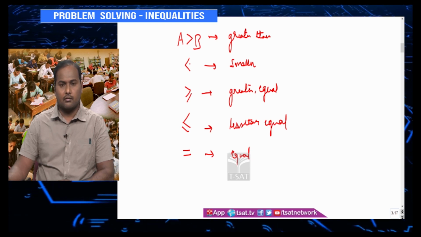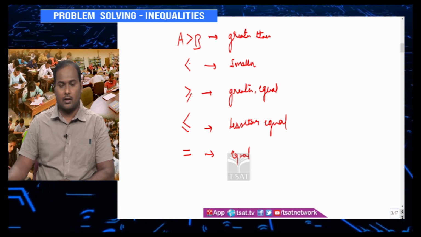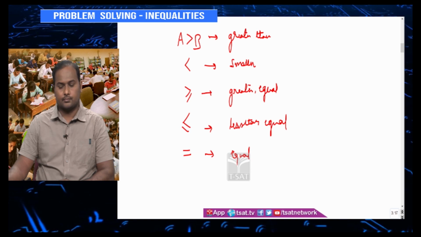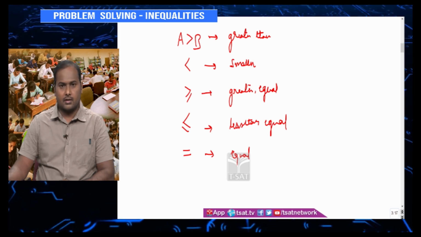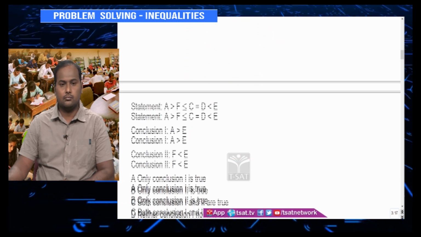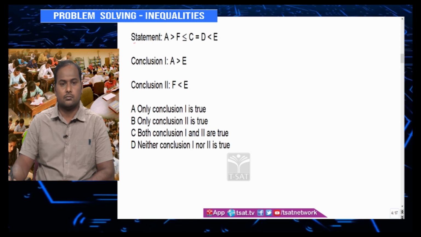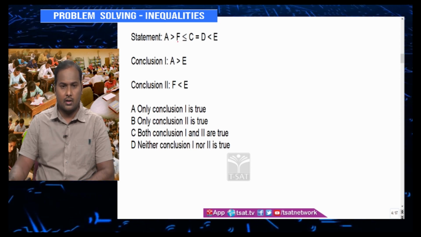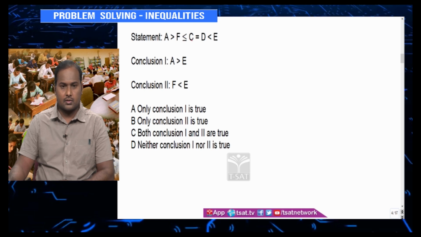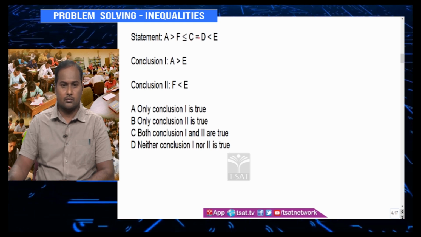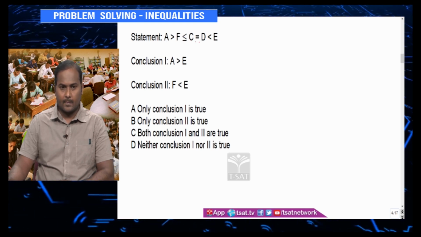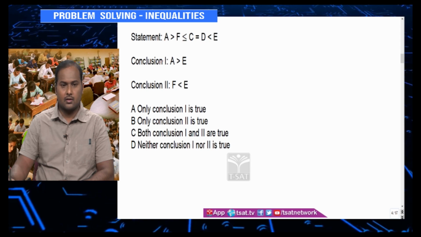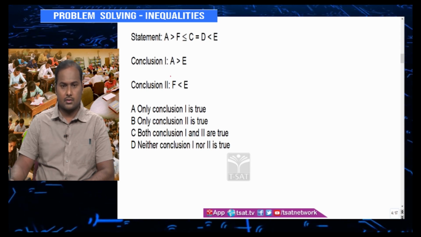In this he will give a statement followed by conclusions. For example, let's see a problem. Here in the statement you can see A greater than F, F less than or equal to C, C equal to D, D is less than E. So these are the statements followed by 2 conclusions.